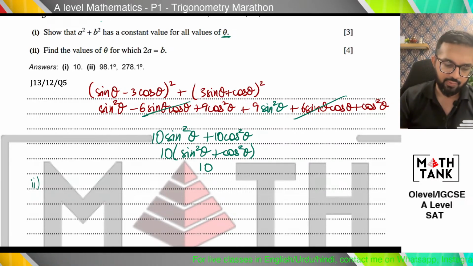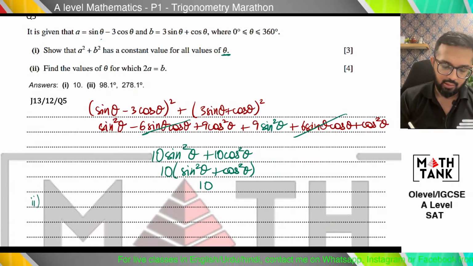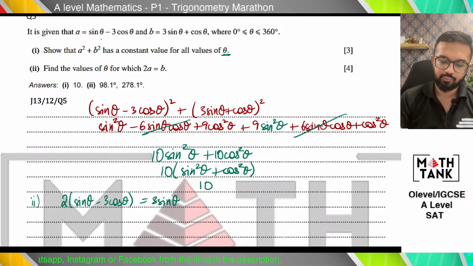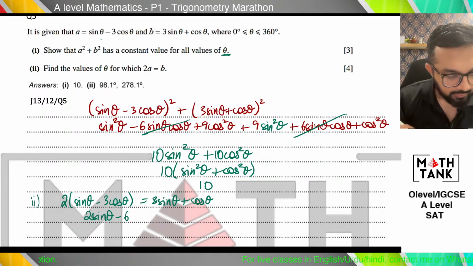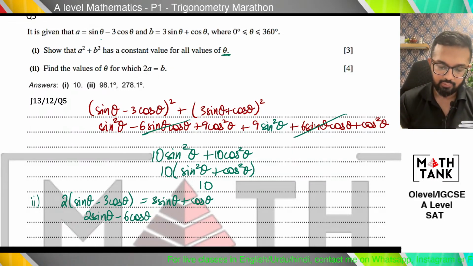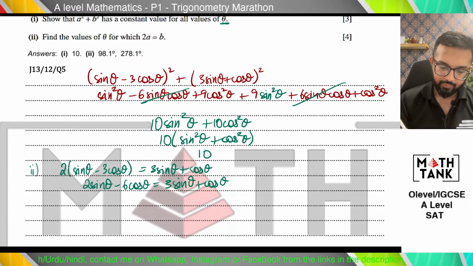Then it says find the values of theta for which 2a equals b. So I'm going to say 2a equals b. So minus 7 cos theta equals sine theta.